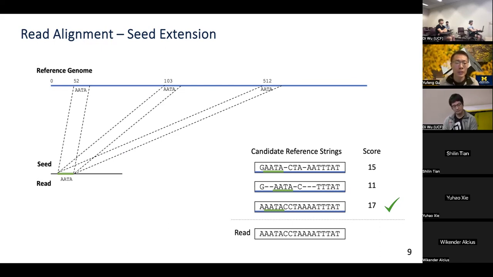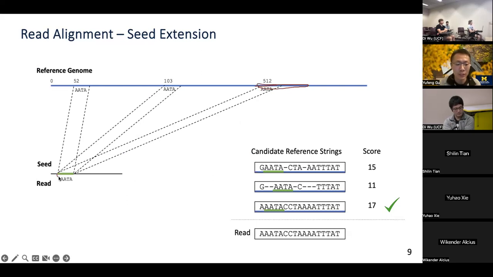So after we map each of the reads, there are also some subsequent algorithms to assemble all of these reads together. For example, this read will be mapped to this location.